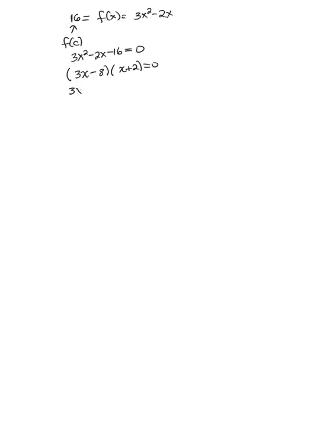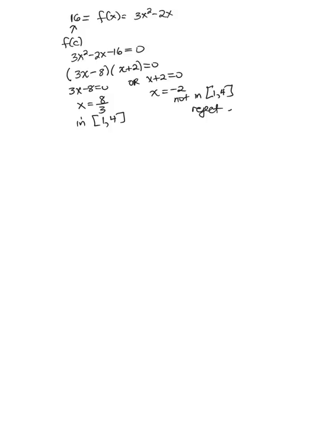So 3x minus 8 equals 0, or x plus 2 equals 0. So here x is equal to 8/3, which is in our interval. But on this side, we get x equals -2, not in our interval, so we reject it. So the answer is x equals 8/3 for that piece.